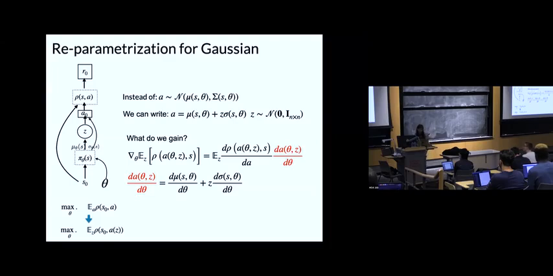Okay, great. So now that you know how to take d alpha d theta, what is the opportunity that we get? The opportunity is to apply the chain rule. You know how to backpropagate through Gaussian sampling now. Well, before you didn't, okay? And in that chain rule, we're going to use the d rho d alpha.